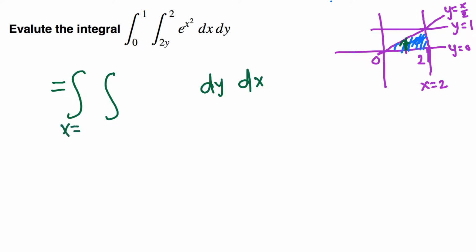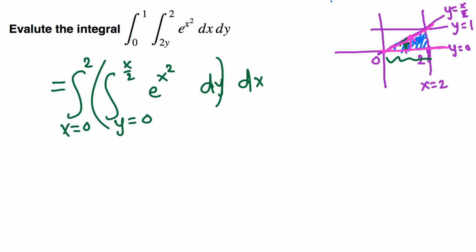Now x goes from 0 to 2, and y goes from, just look at this, y equals 0 to the upper curve y equals x over 2. So 0 to x over 2 of the same function e^(x squared). Now we want to do this inside first, then outside.